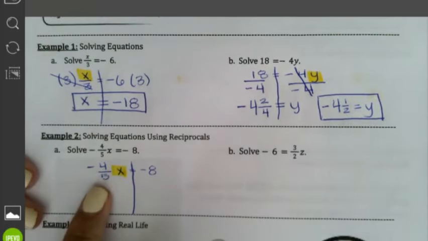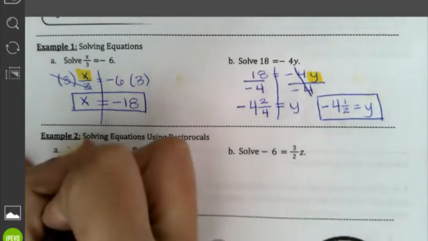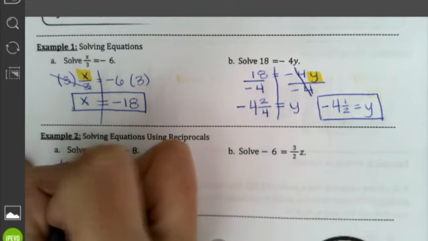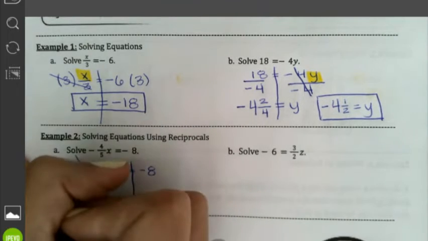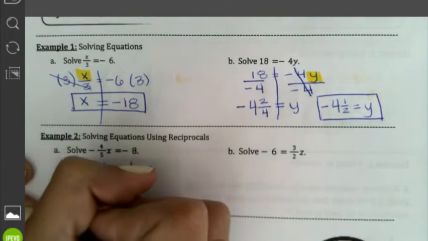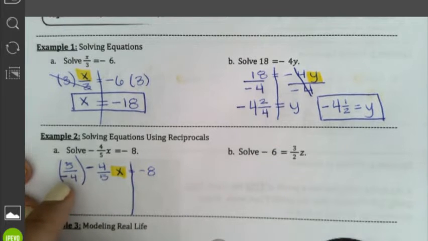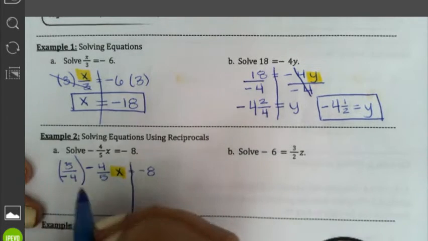So if we're trying to get rid of negative 4/5 because it's being multiplied by x and we want x to be by itself, we are going to multiply by 5 over negative 4. Again, the reason that I'm choosing to make one of these numbers negative is because I want to result in a positive x, and a negative times a negative becomes positive.